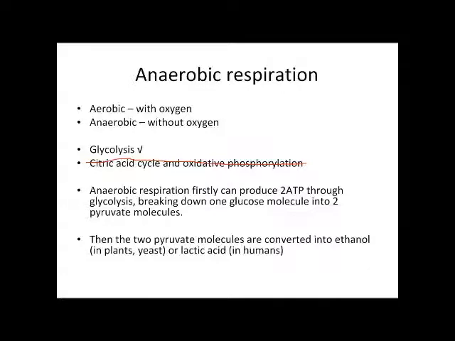So anaerobic respiration can produce 2 ATP, breaking down one glucose molecule into 2 pyruvate. However, after you do glycolysis, you have 2 pyruvate molecules left, and they can either be converted into ethanol like in plants or yeast, or can be converted into lactic acid. This happens in humans. Okay?